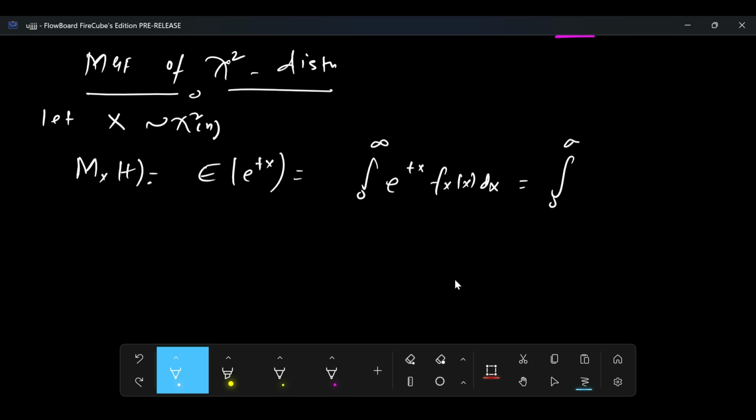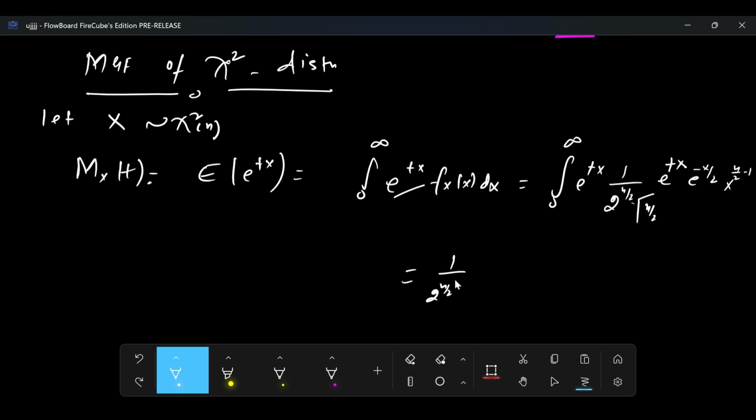What is the f of x of chi-square? That is 1 upon 2 to the n by 2 gamma n by 2, e raised to the power minus x by 2, x to the power n by 2 minus 1.